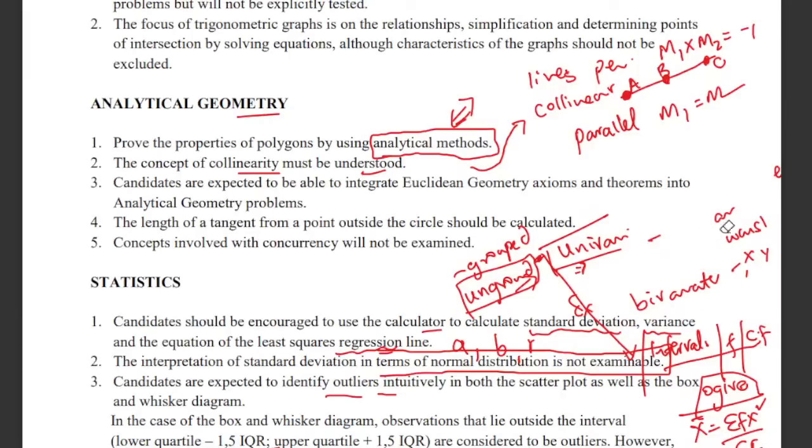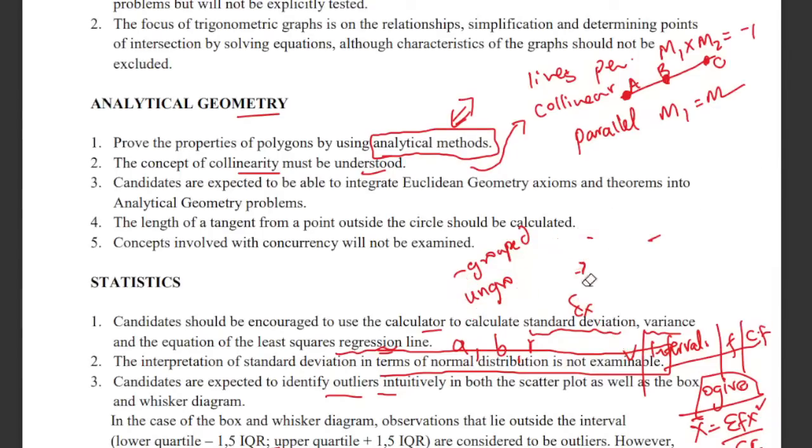We know that the gradient of a straight line is always constant across. So in other words, if we are to use the points, we need to apply the knowledge of the gradients. So let's say the gradient of AB should be the same as the gradient between BC, which is also the same as the gradient between AC, okay?